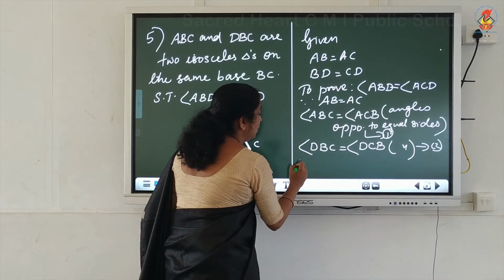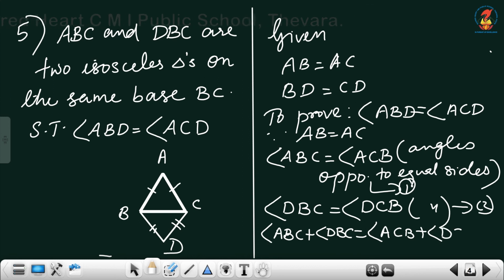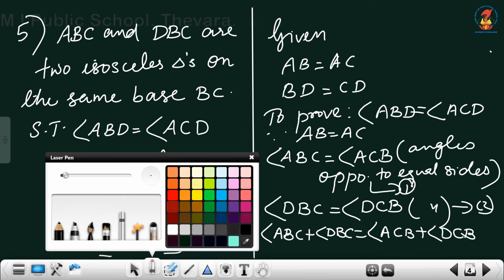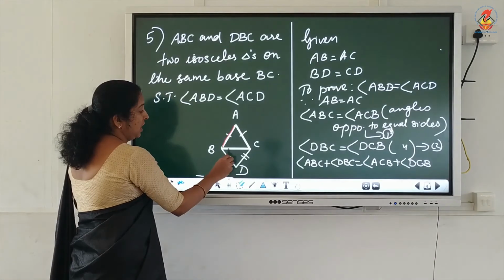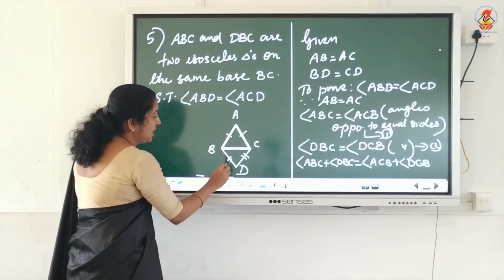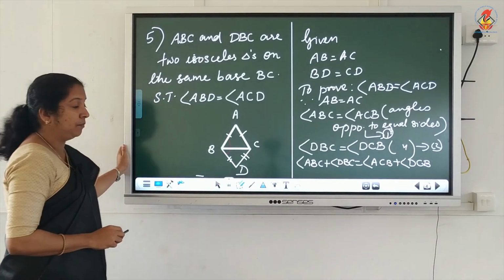Angle ABC plus angle DBC is equal to angle ACB plus angle DCB. When you add angle ABC plus angle DBC, what are you getting? This full angle ABD.